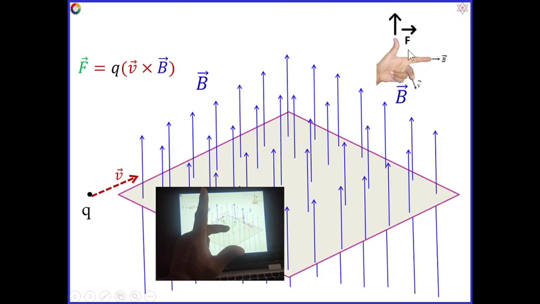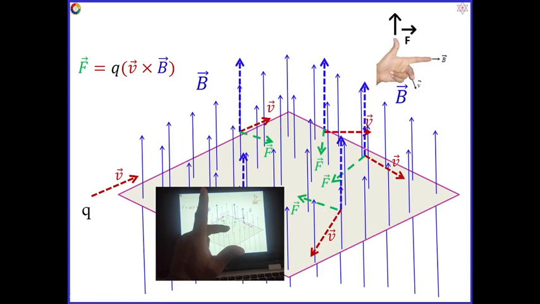Due to this rule the force will be in the inward direction, and the positive charge particle will revolve like this. The first finger is the magnetic field direction, the middle finger represents the velocity direction, and the thumb represents the force direction.